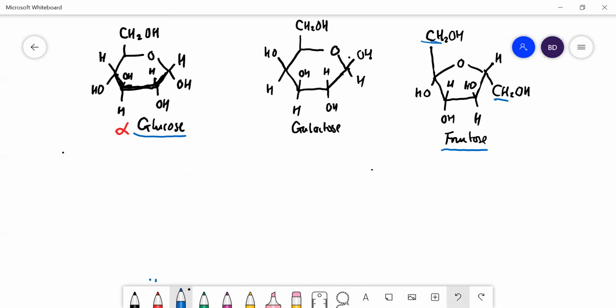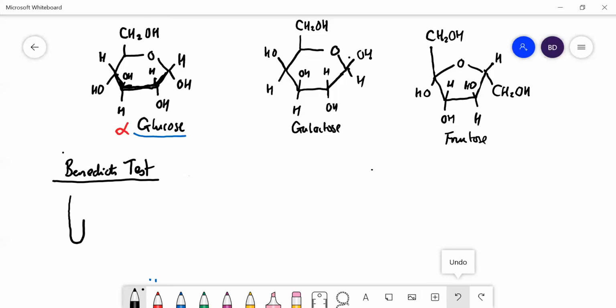Now, we need to talk about tests for sugars. Okay, and the test that we use, you probably have come across it, is Benedict's test. With Benedict's test, you don't need to know the chemicals, but it's basically got copper sulfate in it, so it's blue to start off with.